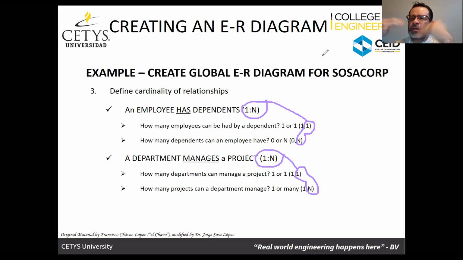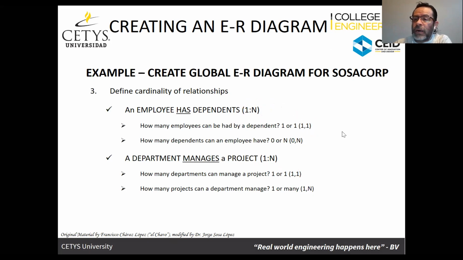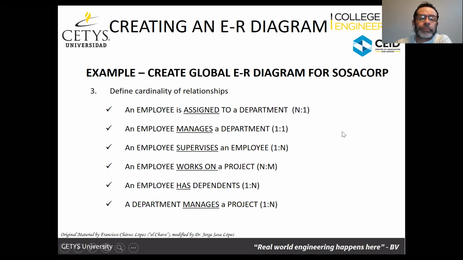We ask two questions: one going from entity A to B, and the other from entity B to A. By defining those maximums and minimums, we can automatically establish the type of relationship. This is also within the context of the problem. This is the summary of the relationships we identified.